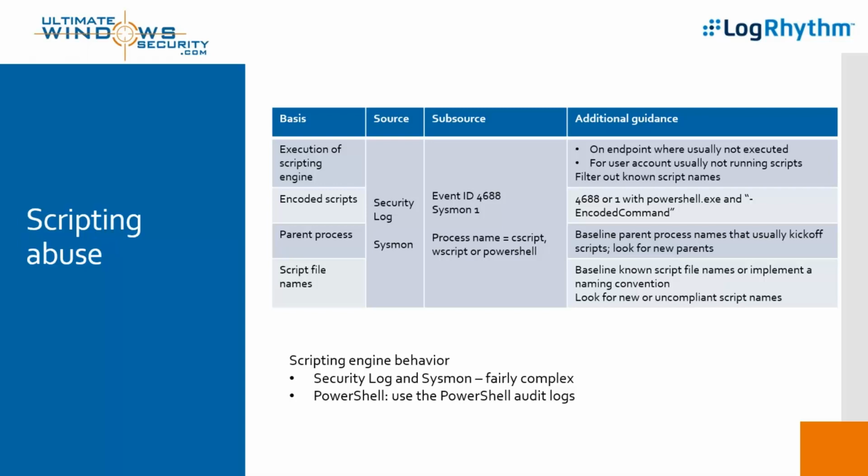And then script file names. Okay, so scripts are widely used. So can you just look at the script name on the command line and whitelist your known scripts? Here's another thing. Naming conventions so oftentimes can help you separate the signal from the noise.